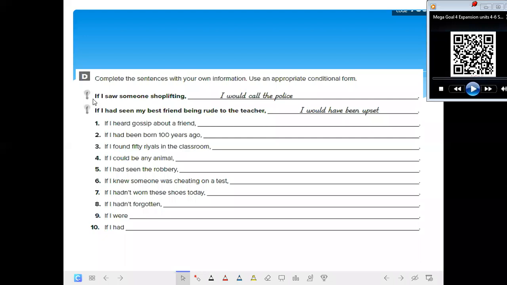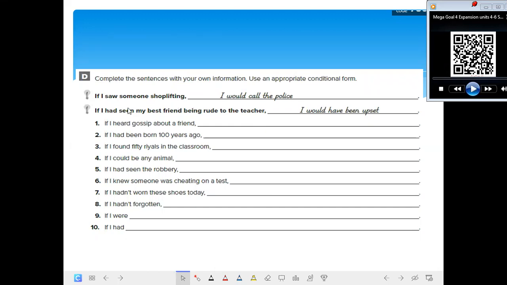I told you that if we find after if the past simple, then in the second sentence, or the result, we use would, could, might, and the infinitive. But if we find in the if clause the past perfect, then in the result, we have to use would, could, might, and have plus past participle.